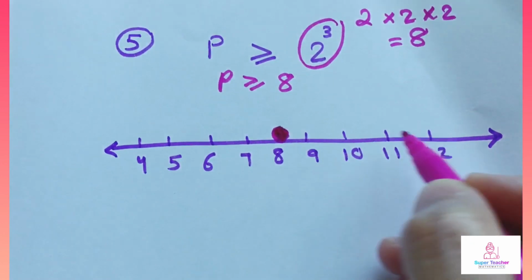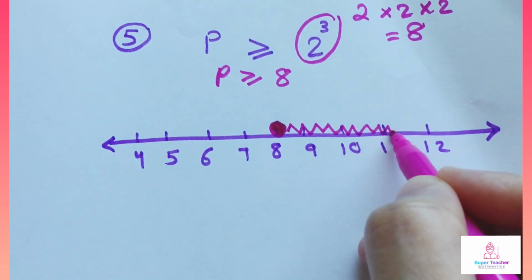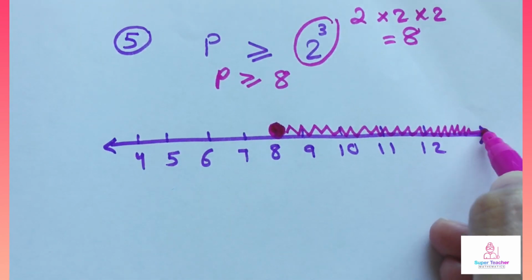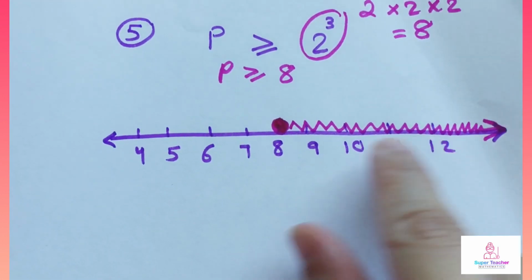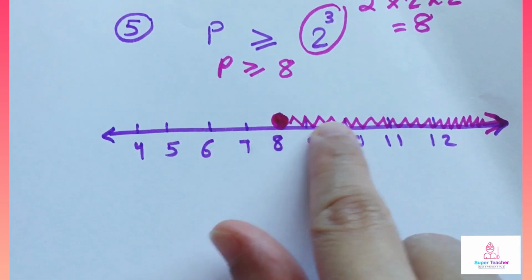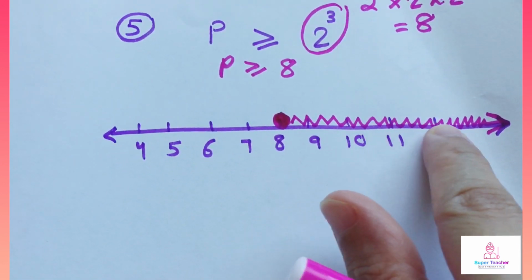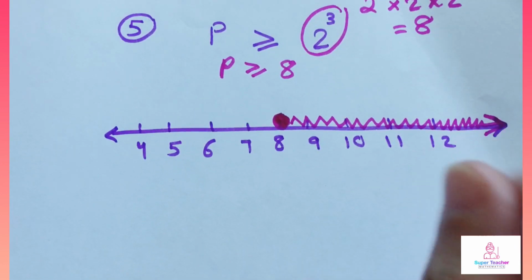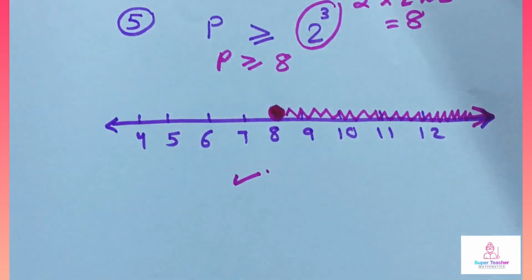So where's the side that is greater than 8? This side for sure. So I will shade all this area. It's going until positive infinity, so it goes to the end. We don't have an end for this solution.